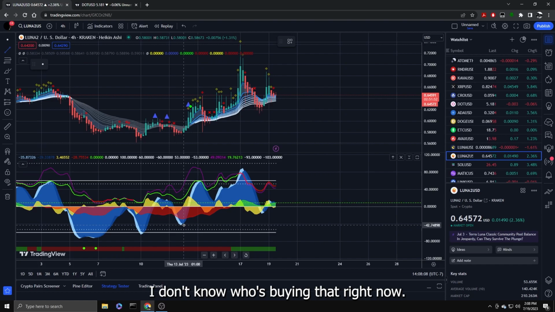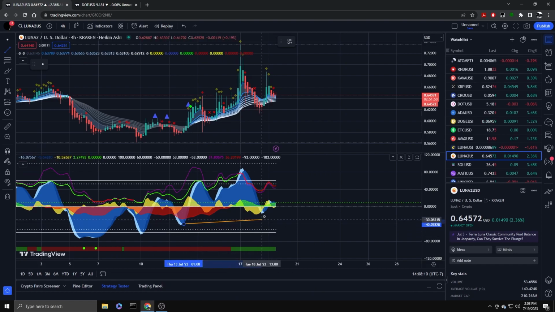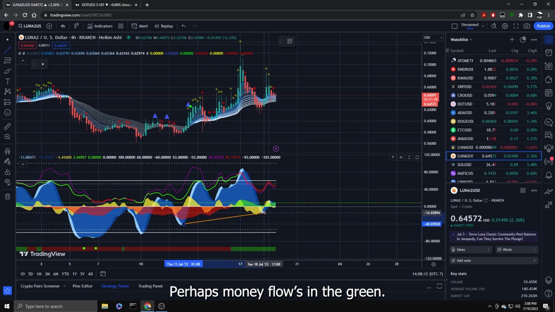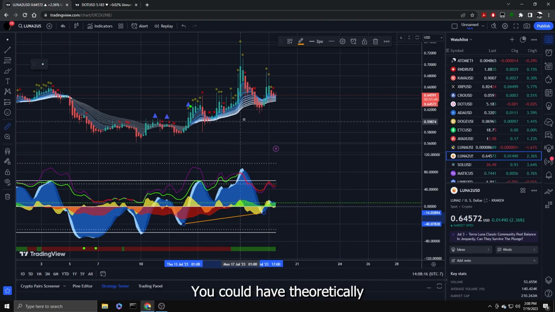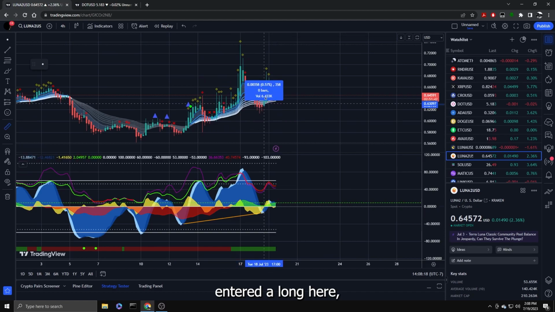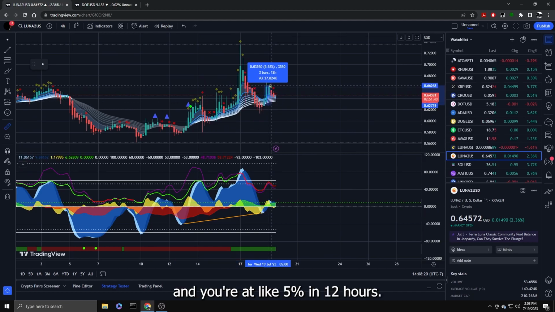This is Luna 2. I don't know who's buying that right now. Right here, we got a trigger wave, perhaps. Money flows in the green. You could have, theoretically, entered along here, and you're at like 5% in 12 hours. Not bad. Nice little scalp trade. If you're doing some leverage, 5-10x there in half a day, that's big money.